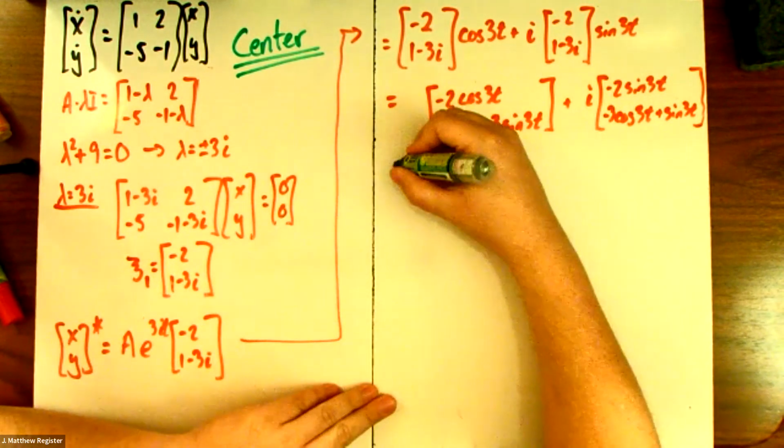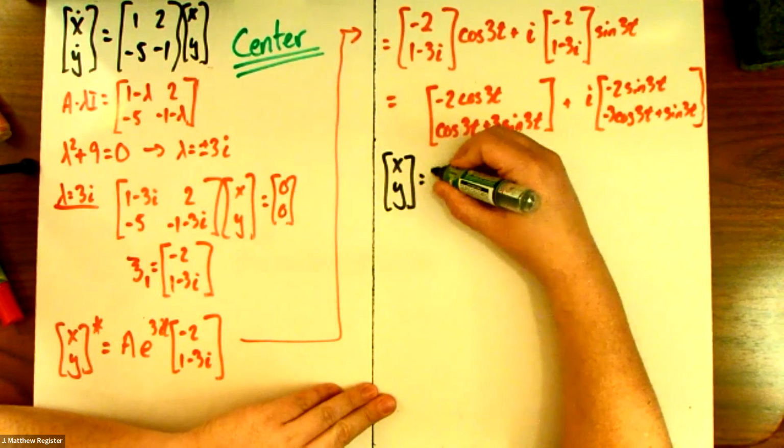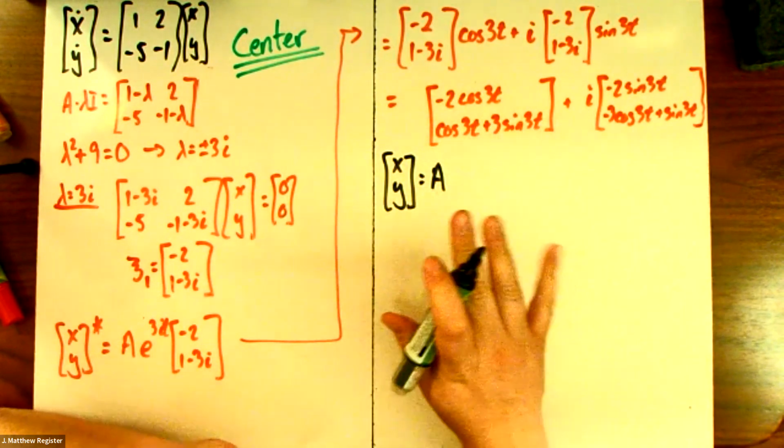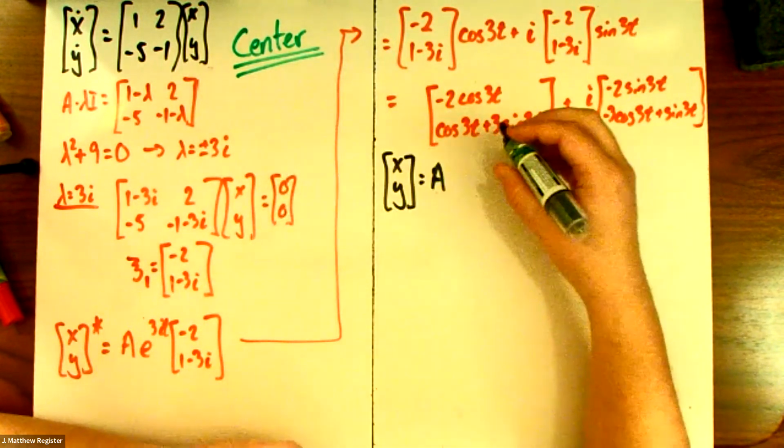So x y is going to be equal to a. We no longer have the exponential term, and that's going to be the case whenever we have a center.